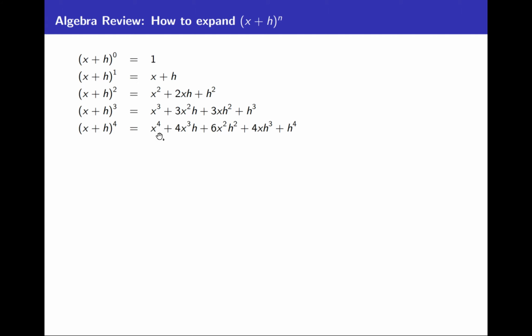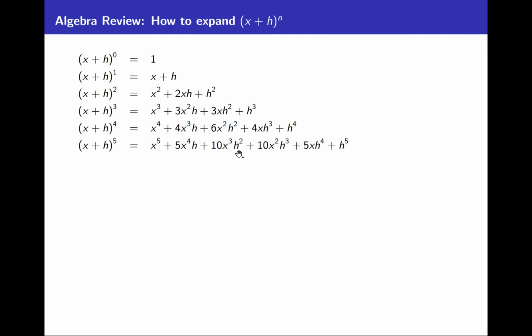Whereas the powers of h increase: h to the 0, h to the 1, h to the 2, h to the 3, h to the 4. The total degree of each term is 4. x cubed times h to the 1, the 3 plus 1 is a 4. And you pick up these coefficients, 4, 6, 4.